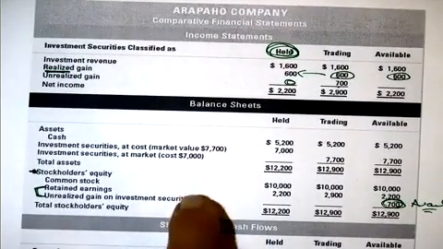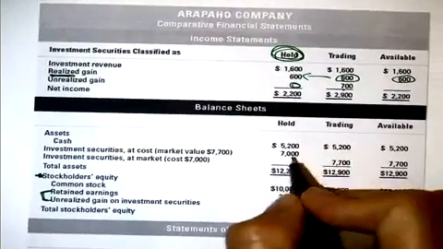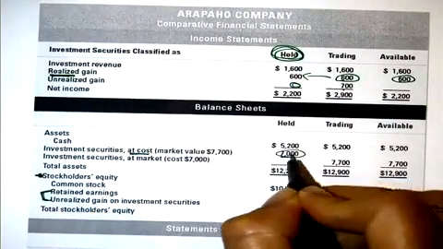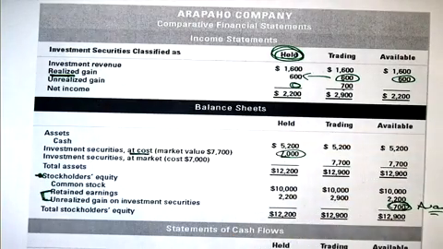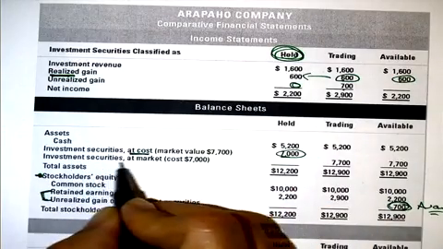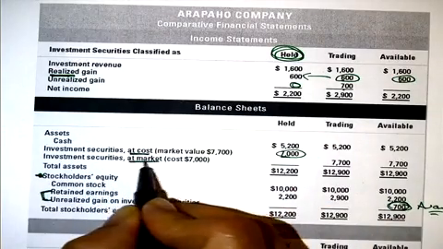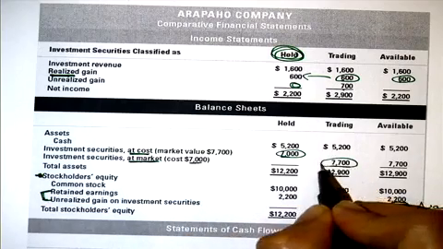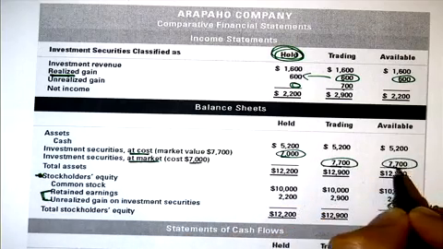You can also see held to maturity, it is at cost. So notice the held to maturity value never changed. Whereas the investments that were trading and available for sale cost $7,000, but at the end of the year, their market value, both of them, was $7,700.